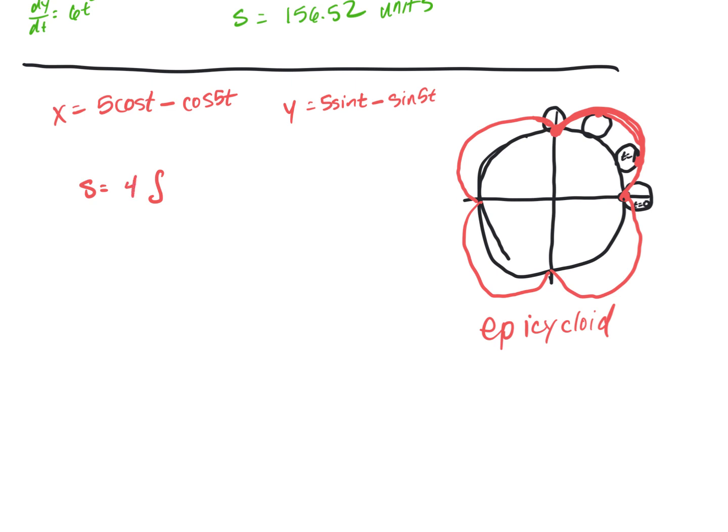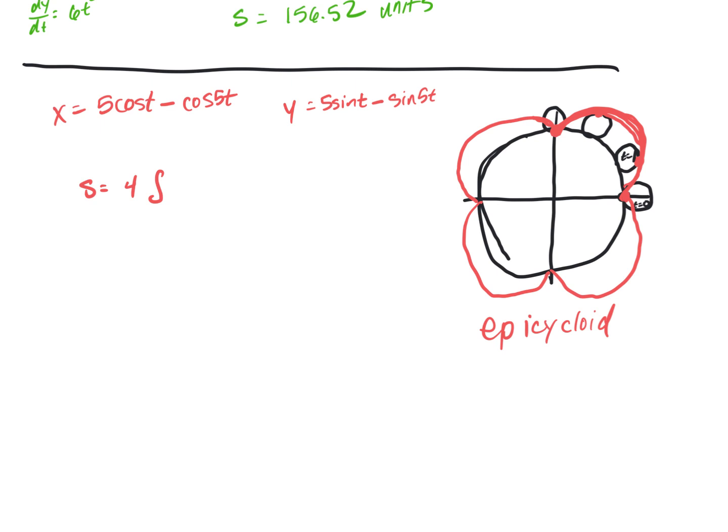All right, so now we have to figure out what are the angles for t that get us from here to P? Are you guys with me that this is currently the point (4, 0) and this is the point (0, 4)?